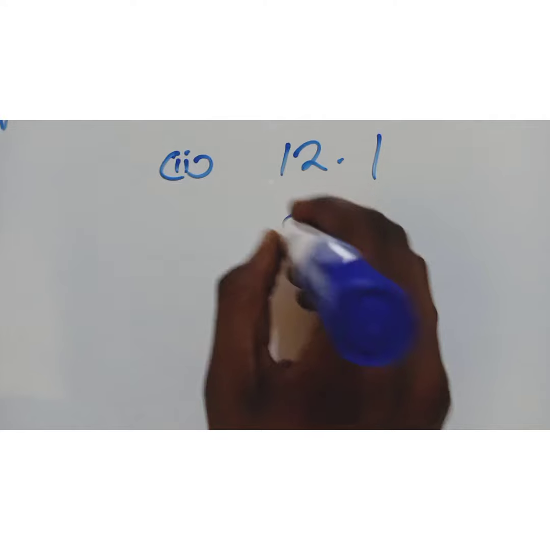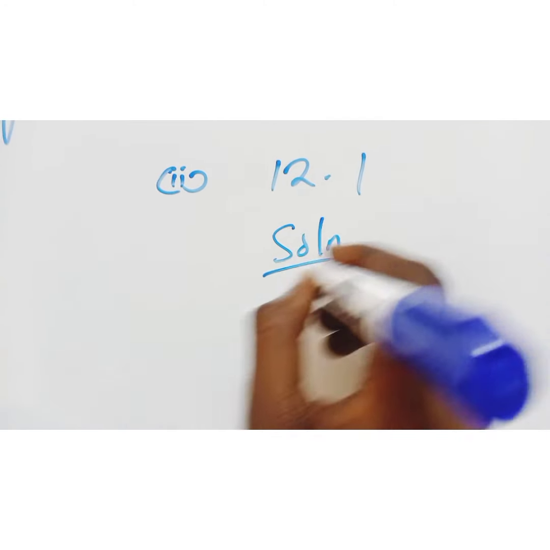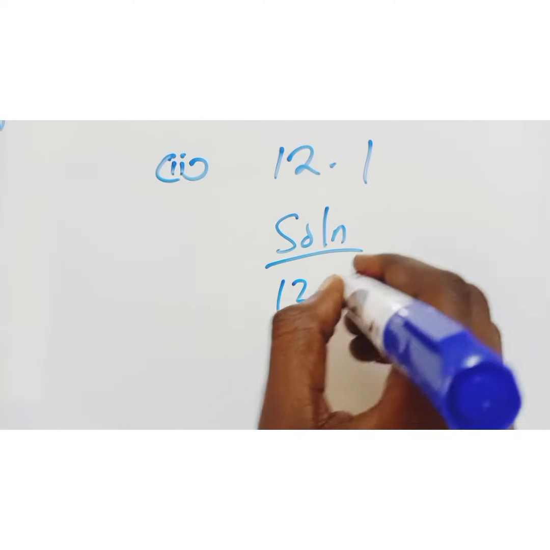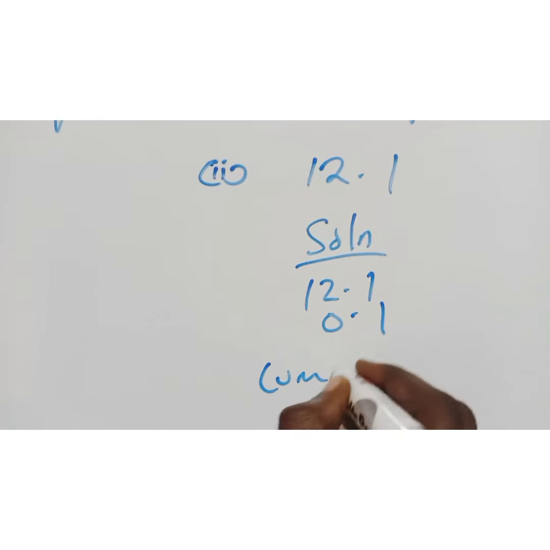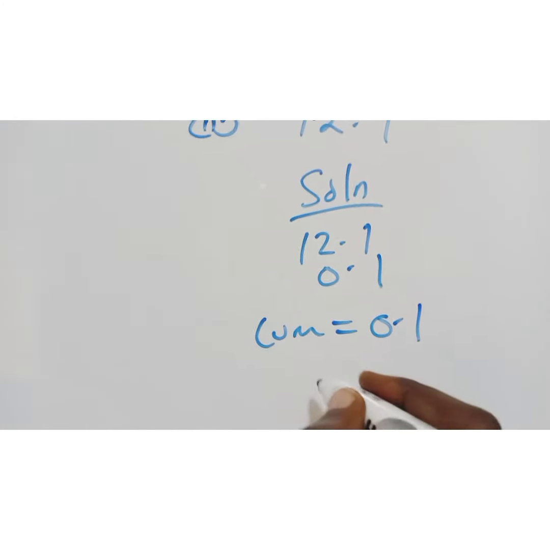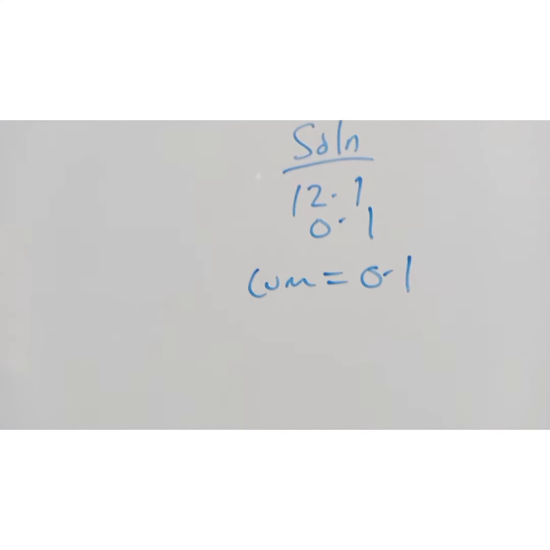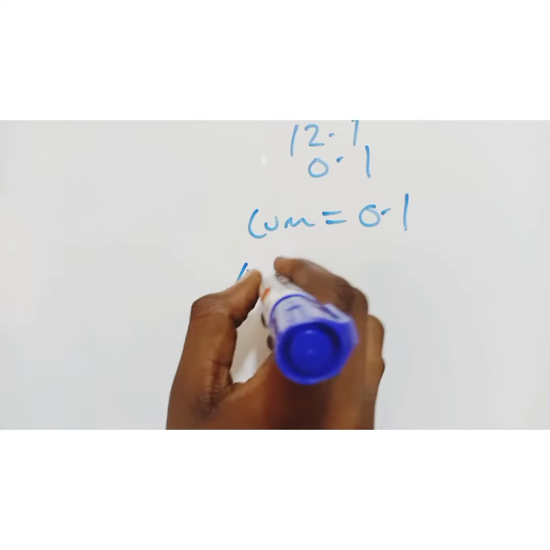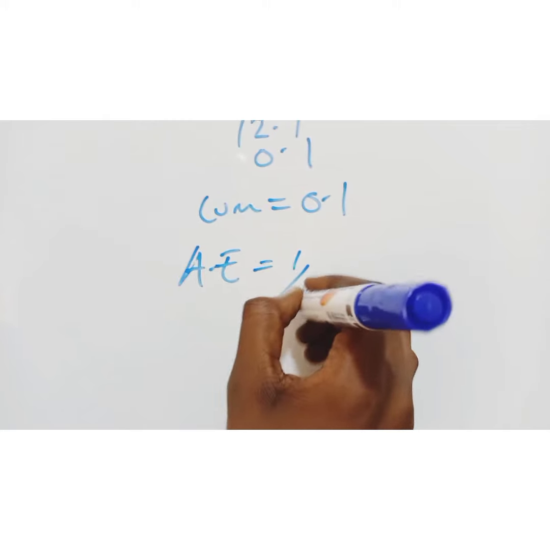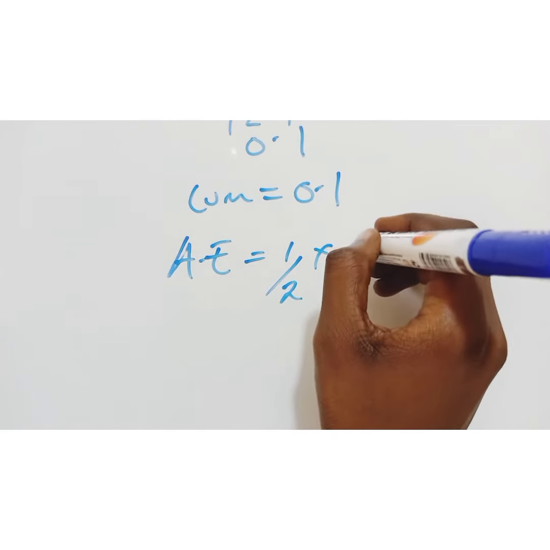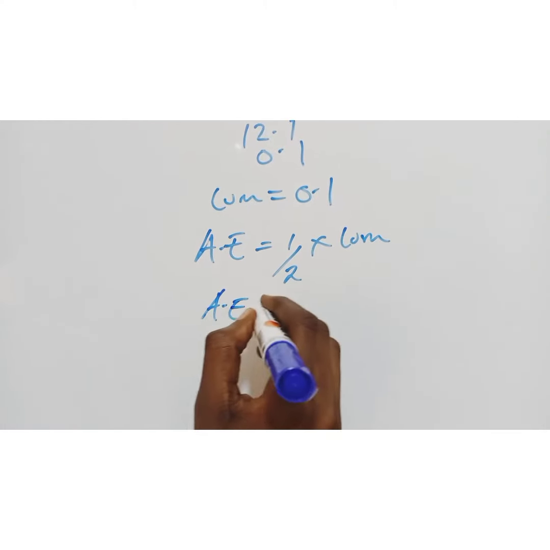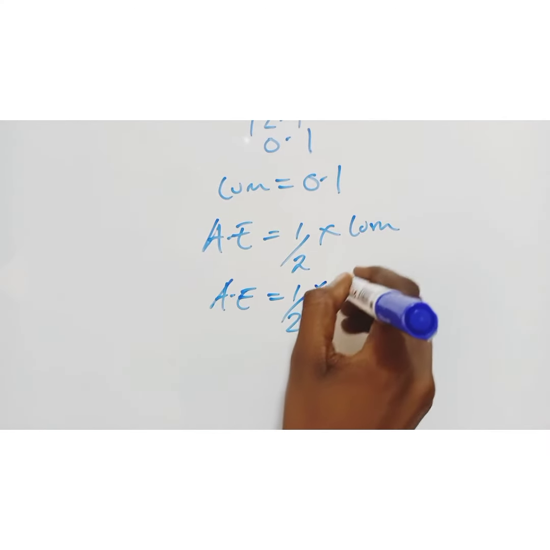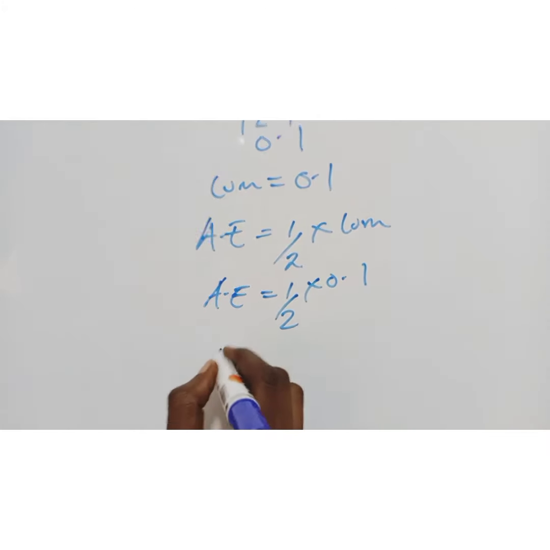So solution. We have to find our LUM first here. So this would be 0.1. That's our LUM. So LUM is equal to 0.1. By LUM we mean least unit of measurement. After this we have our absolute error, which is half times LUM. So this will give us half times 0.1.